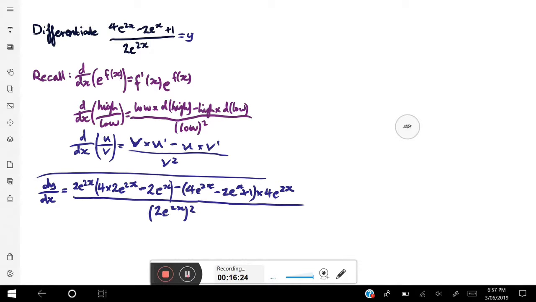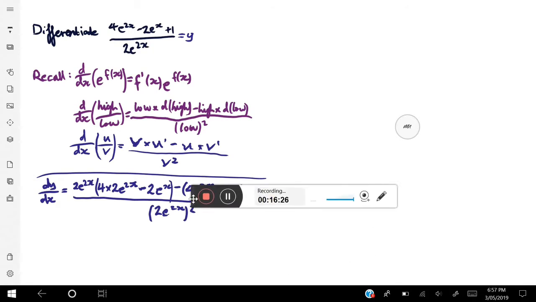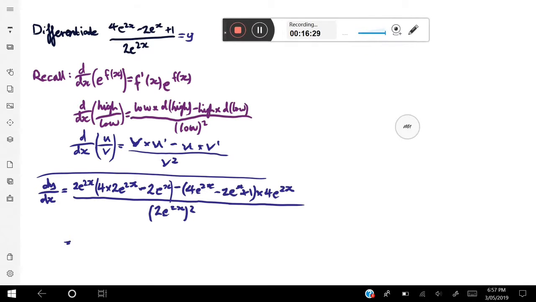Okay. Now let's just expand this through. So that's equal to 2e to the 2x times, alright, so what's in here? 4 times 2, so that's just 8e to the 2x, minus 2e to the x. You can't do anything with that because e is to the power of x here, e to the power of 2x there. You can't collate them.